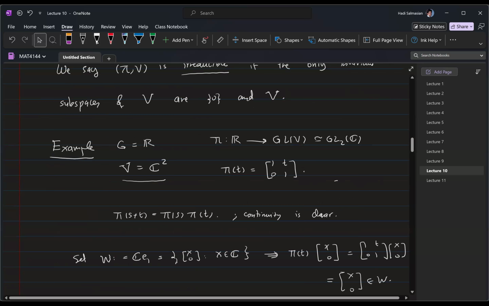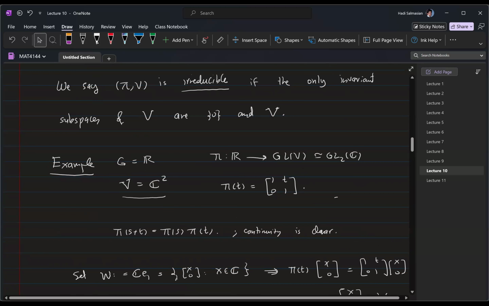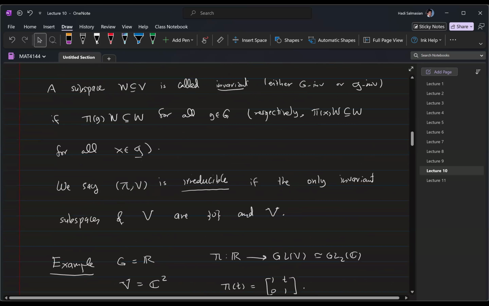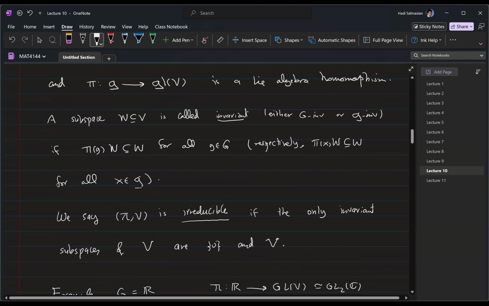Okay. And then we call the representation irreducible if the only invariant subspaces that it has are the trivial subspaces, which is 0 and all of V. What is an invariant subspace? It's a subspace W of this vector space V such that pi(g)W is contained in W for all g.